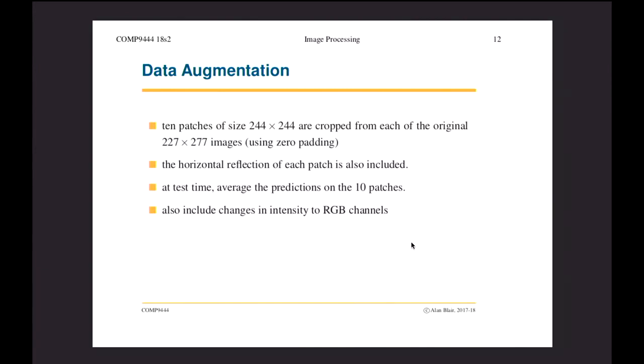Data augmentation is saying, well, I've only got 1 million images to train on, but is there a way that I can create new images from those images? Can I expand my data set by creating new images that are similar to the ones I've been given?